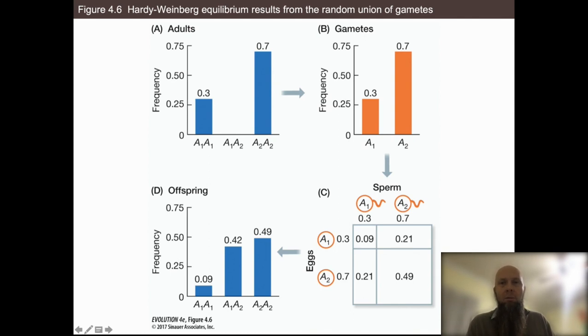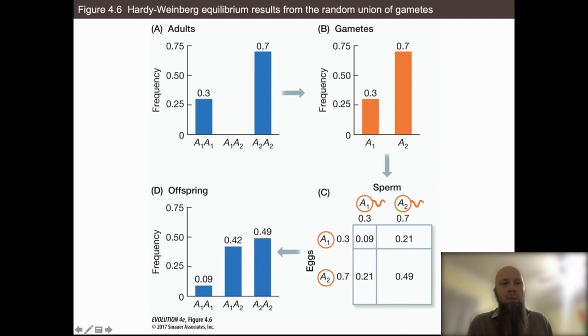Those two copies might be the same allele, for example, A1 and A1 that you got from each parent, or they might be different. You might have A1 and A2. You might be a heterozygote. The Hardy-Weinberg equilibrium uses the frequency of the alleles in the population to make an overall prediction of what the frequencies of the genotypes will be in that same population.